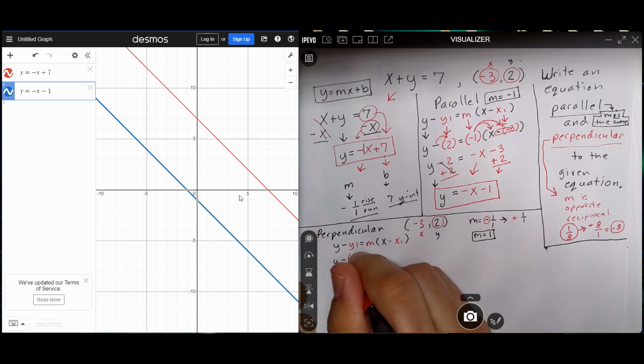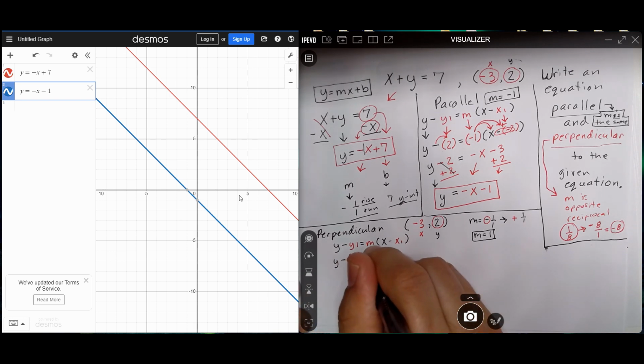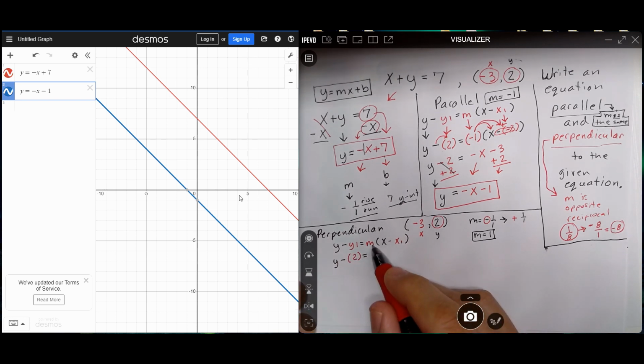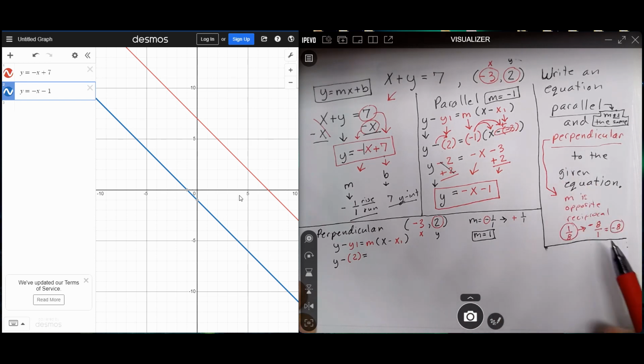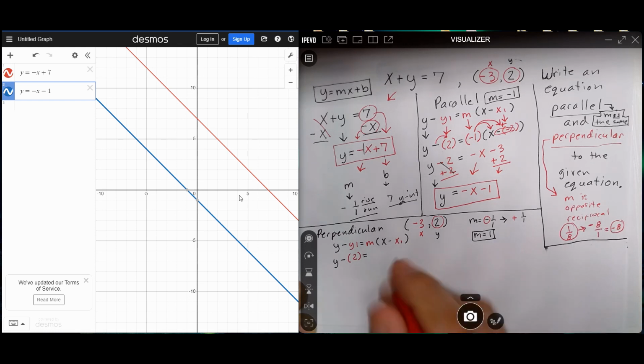That's the value out of my ordered pair. And that's going to be equal to my m value, which is positive 1, because this is a perpendicular line. So the slope is going to be the opposite reciprocal of what we had. So I'm going to put a positive 1.